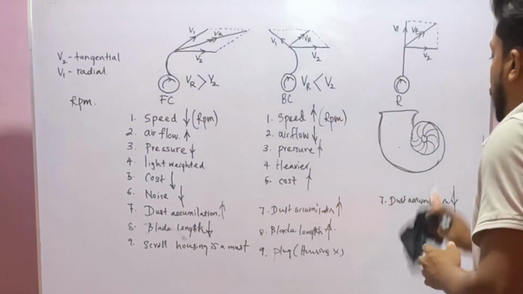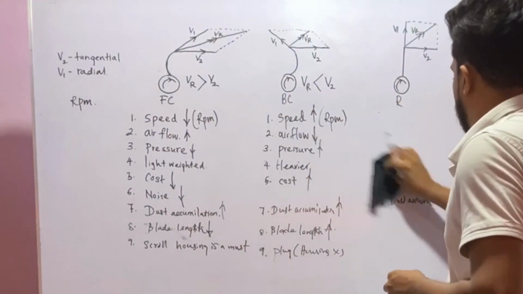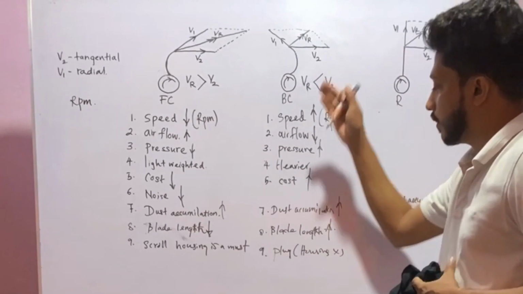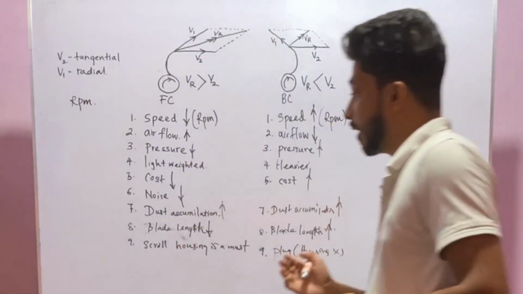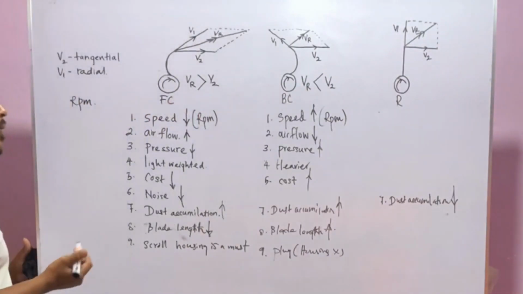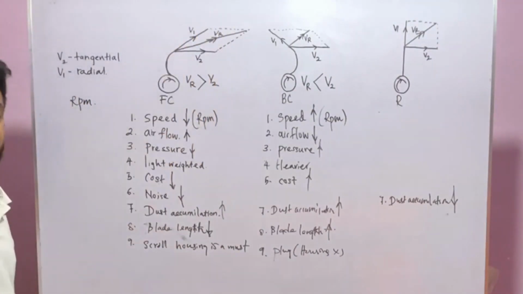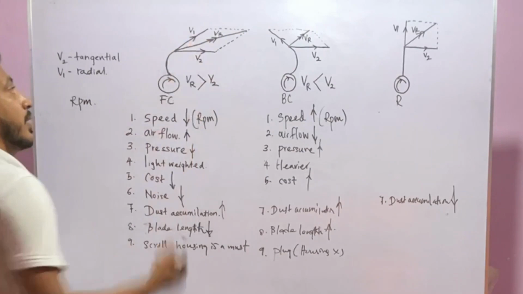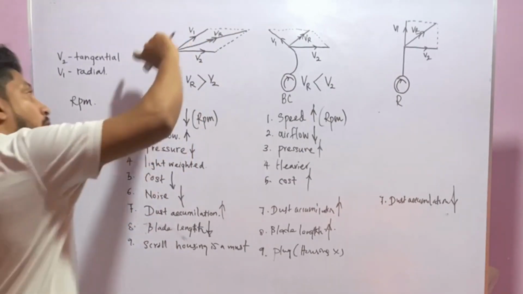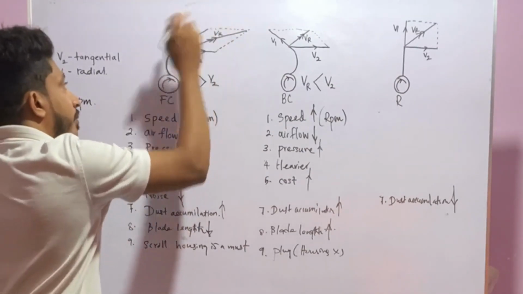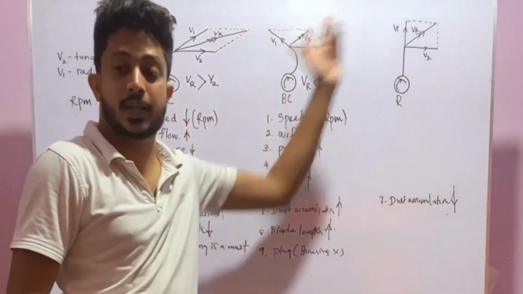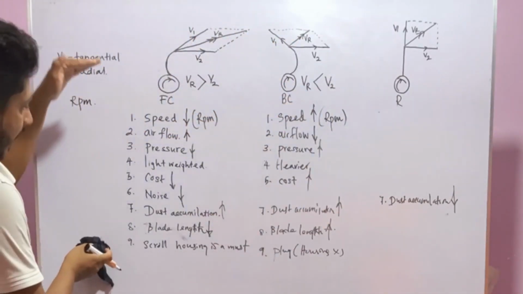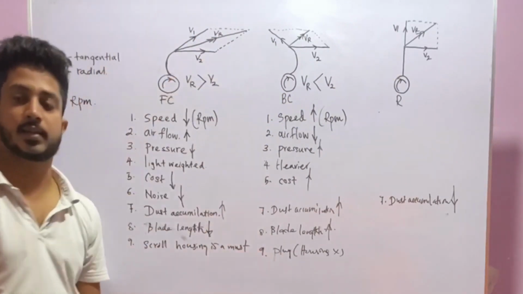So if you can remember all those characteristics we obtain from this velocity diagram and the shape, and also this velocity diagram is obtained from this shape. So by looking at the shapes of the impeller, we analyze a lot of characteristics.